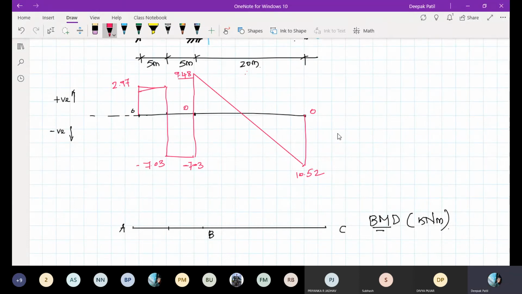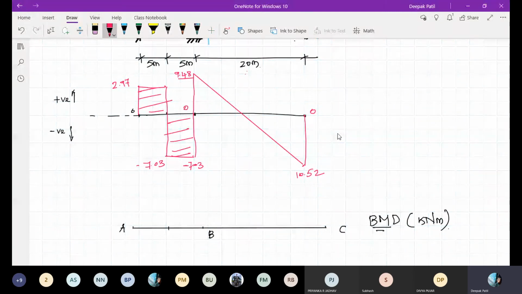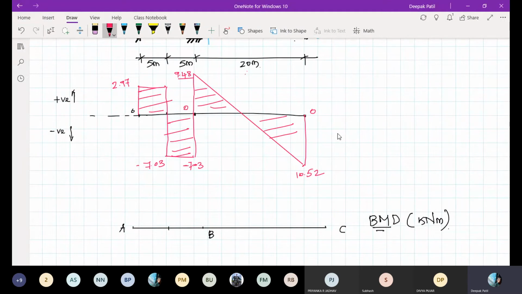I know in the first instance itself, you may not be able to understand the drawing of the shear force diagram, but don't worry. Once we go into the numerical examples, I will try to explain how to draw the shear force diagram in a much better way. Is this clear at present? Yes or no? Yes, sir.